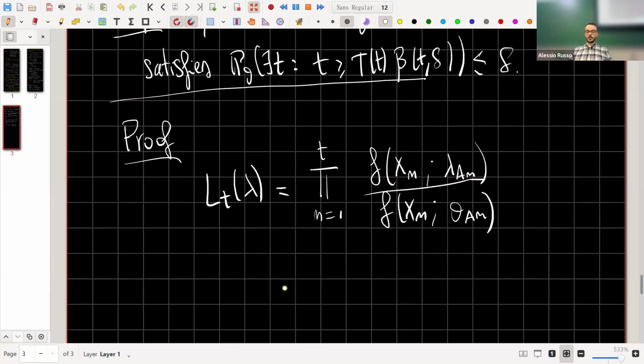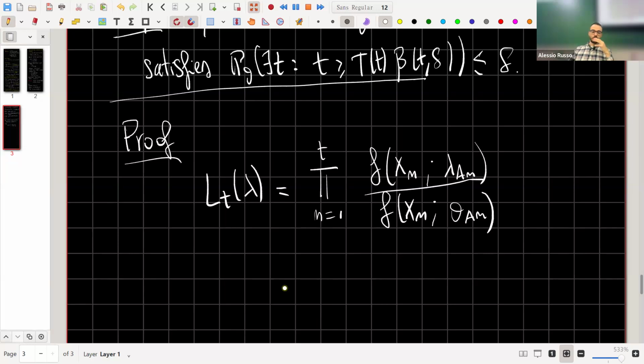Okay? So what will happen is that on average, this quantity will decrease. You cannot expect this quantity to have spikes if the data is not generated by lambda. If you have spikes, they must occur with small probability. Okay. This is the starting point.